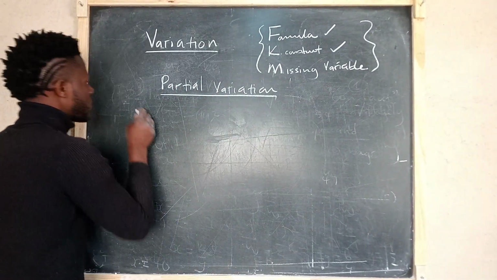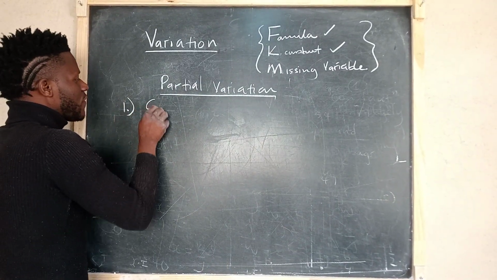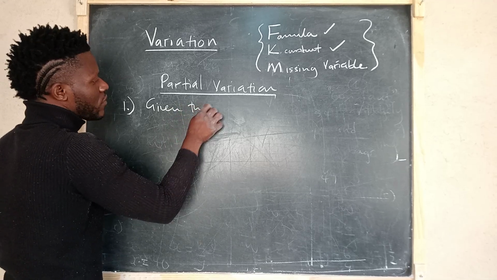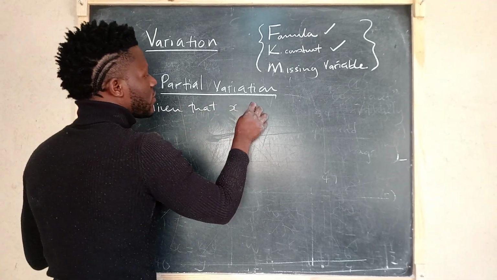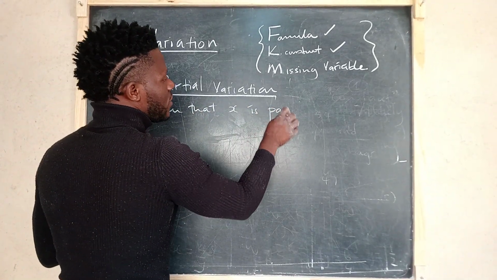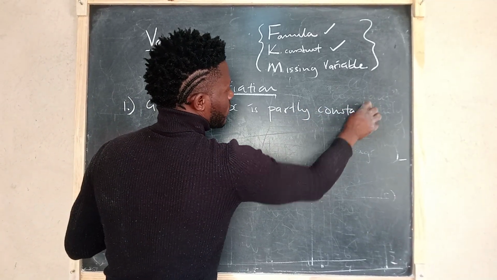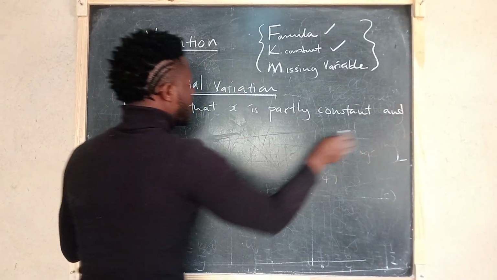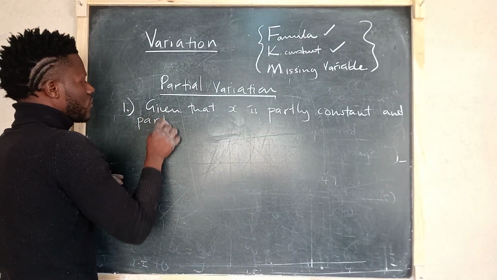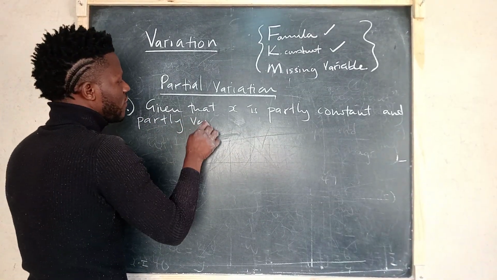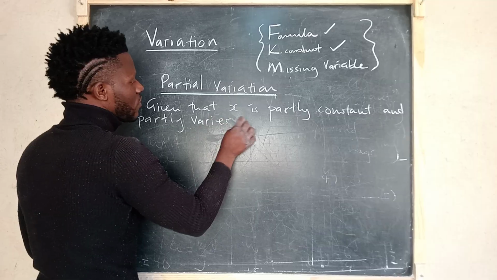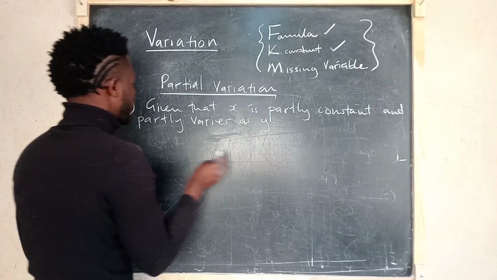Example number 1. Given that x is partly constant and partly varies as y.